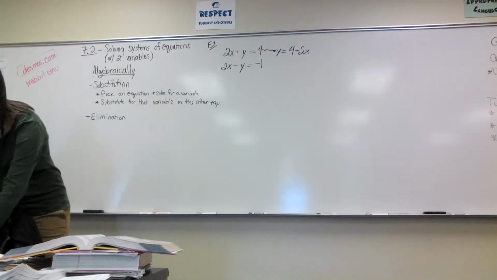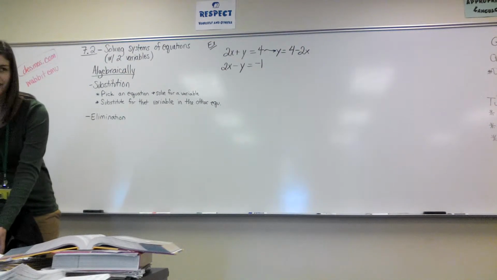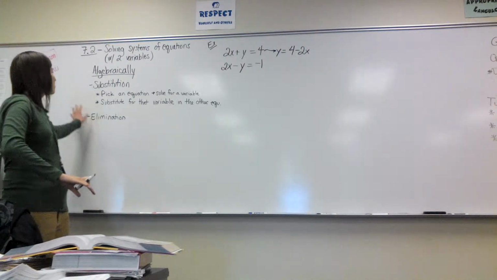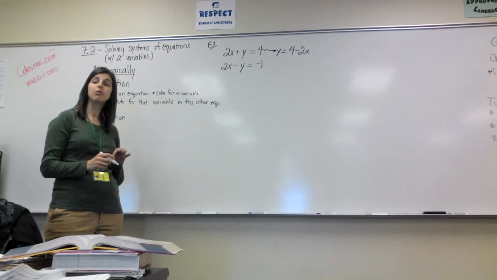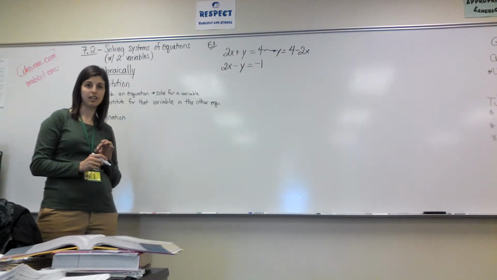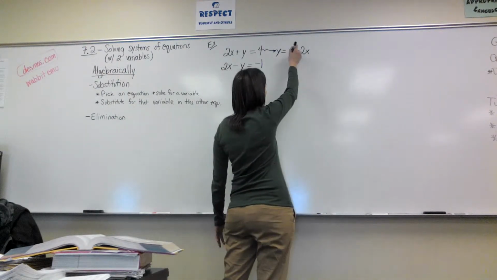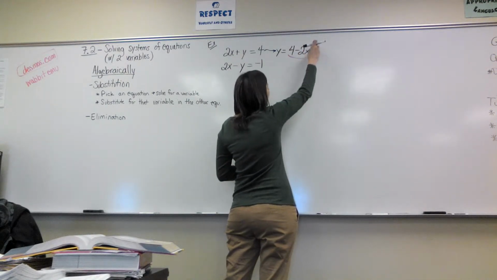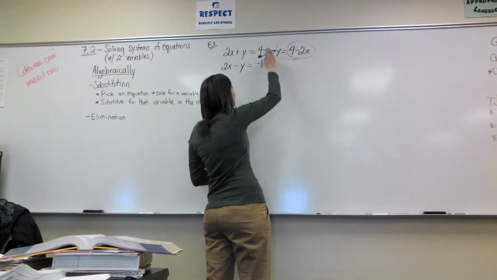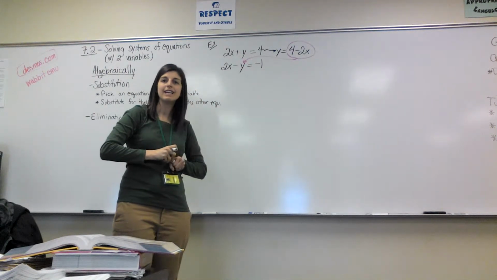Okay. All right, here we go. So substitute in for that variable in the other equation. Now parentheses are going to be really important in substitution. Okay, and this is a good example of why parentheses are really important. So if I take this thing right here and I want to plug that in, the whole thing, for y, I'm probably going to want some parentheses because y is subtracted.